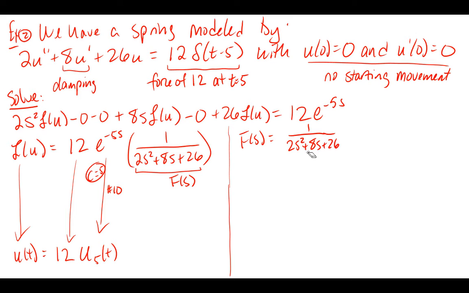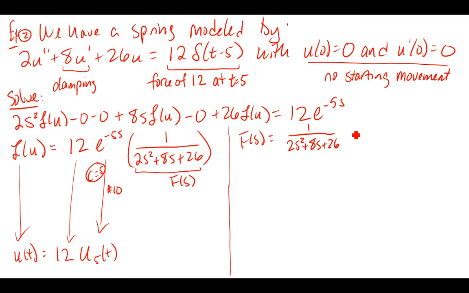And then thinking back to the stuff from last week, I look at the bottom and think, if that factored, I'd probably want to factor it and do partial fractions. If it doesn't factor, I'd probably want to do a complete the square situation. So I'm not super excited about this 2, and none of us are, because it always makes it a little trickier to do any sort of factoring or algebra.